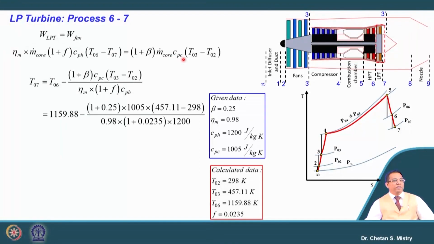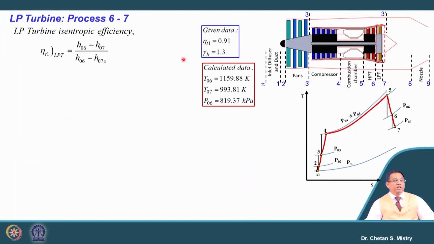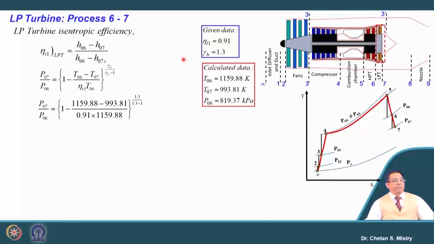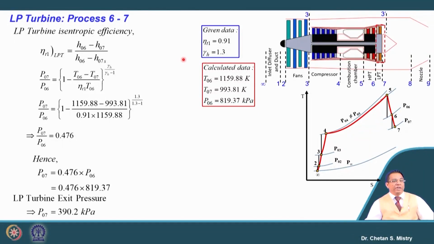Based on that we calculate the exit temperature from the LP turbine, and this temperature comes to 993.81 Kelvin. Once we have this exit temperature, based on our isentropic correlation, we can calculate the expansion ratio or pressure ratio for the turbine, and with this pressure ratio we calculate the exit pressure from the LP turbine. This exit pressure comes to be 390.2 kilopascal.